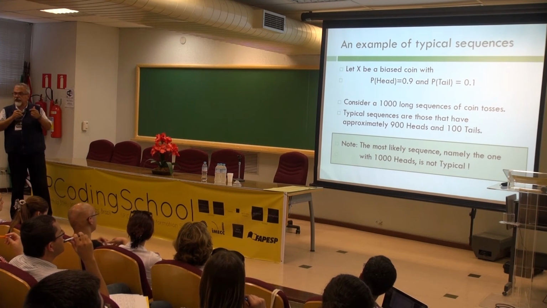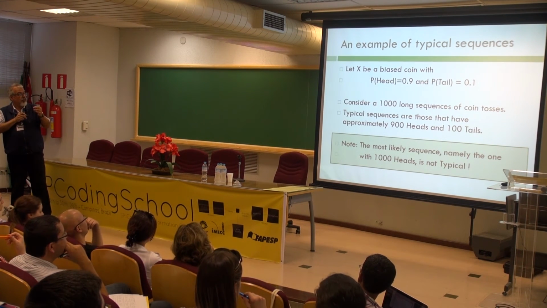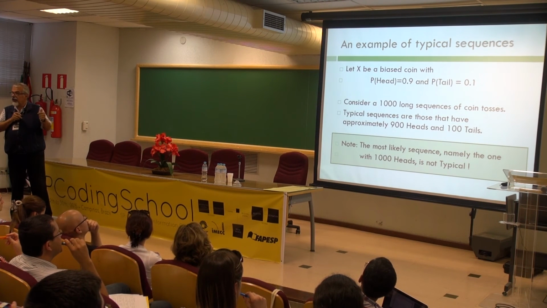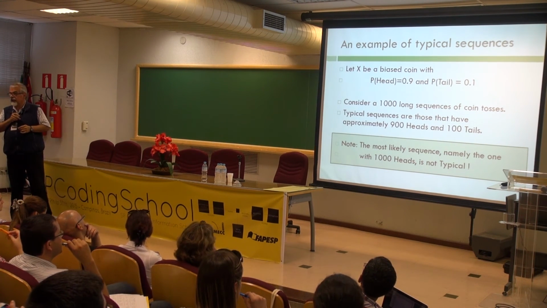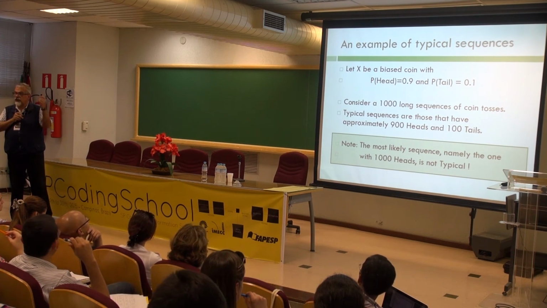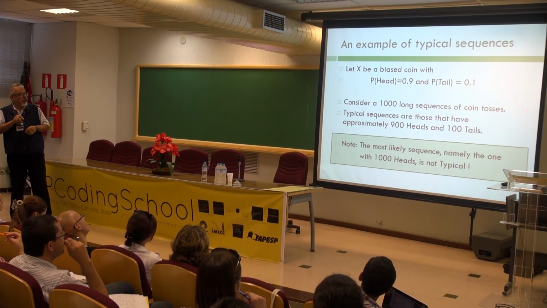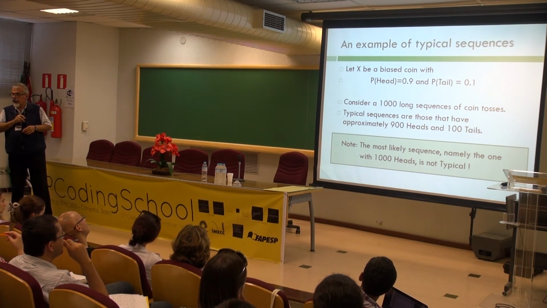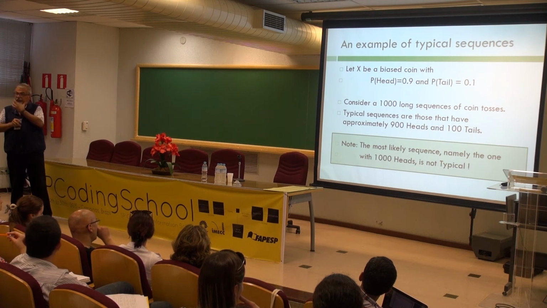Suppose we have a biased coin, and that coin has a probability of 0.9 of giving a head, and 0.1 of giving a tail, and I have independent throws of this coin, a 1,000-long sequence of coin tosses. What would be a typical sequence? A typical sequence would be one that has approximately 900 heads and approximately 100 tails.